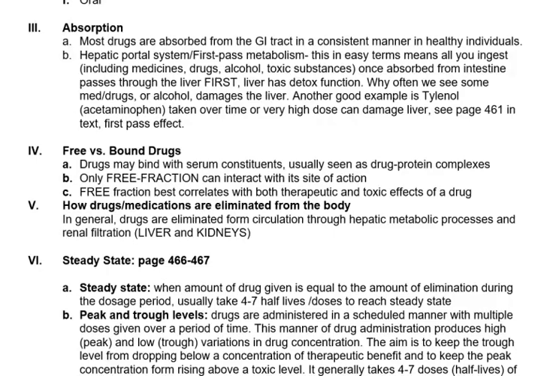The liver has a detox function. This is why we often see that some drugs, medicines or alcohol damage the liver. Other good examples are Tylenol or acetaminophen, which, taken over time in high dosages, can damage the liver.